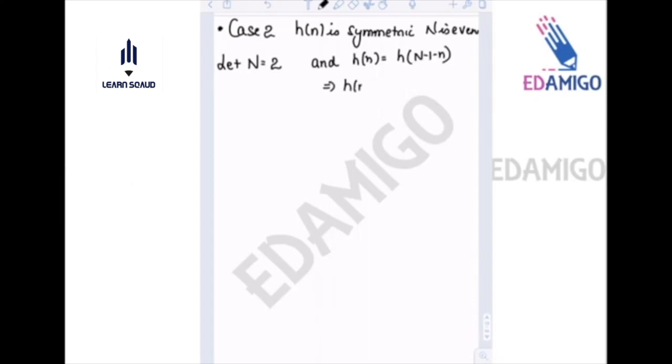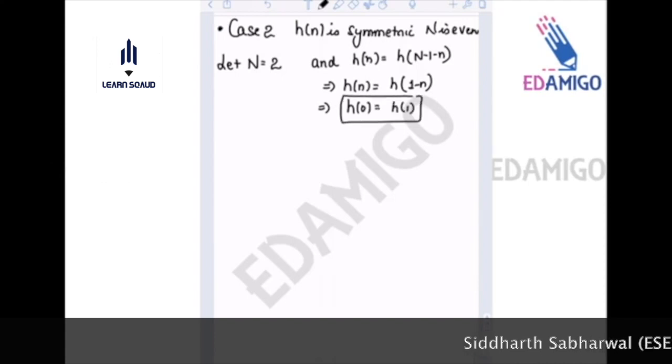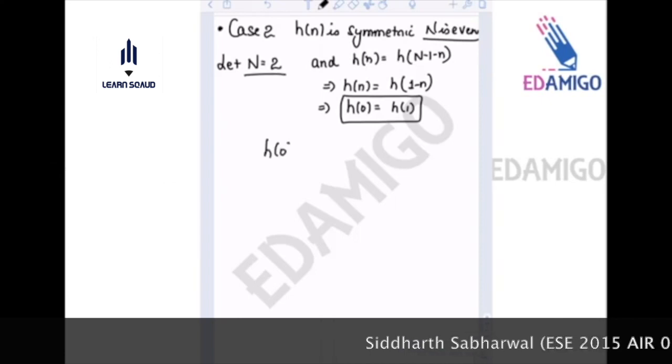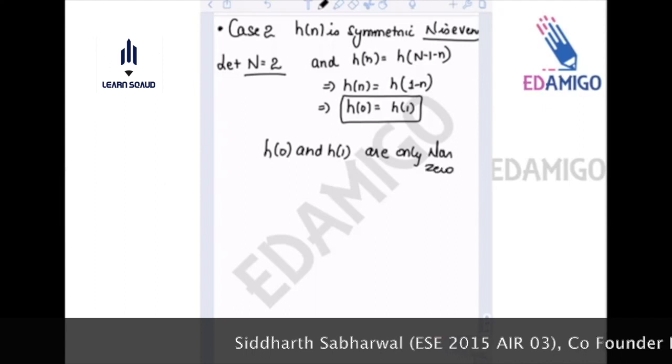This implies h[n] is equal to h[1−n]. This implies h0 is equal to h1. Okay, now since N is 2, h[n] has only two non-zero values, that is h0 and h1 only.